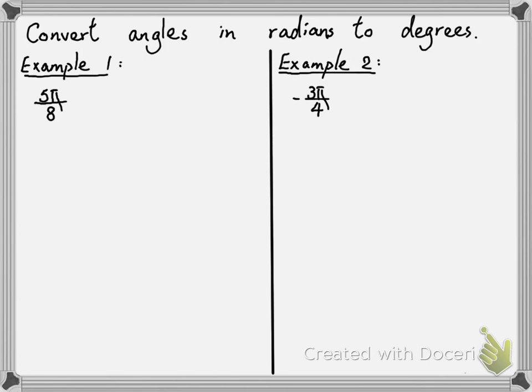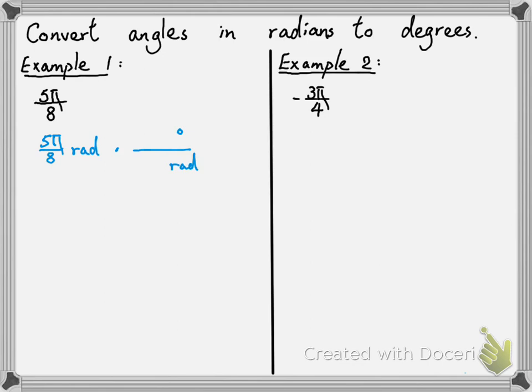Now we are going to look at 2 examples on how to convert angles in radians to degrees. Example number 1: 5 pi over 8 radians. If we multiply this number by some number in degrees over radians, using the multiplication property, the radians will be cancelled.